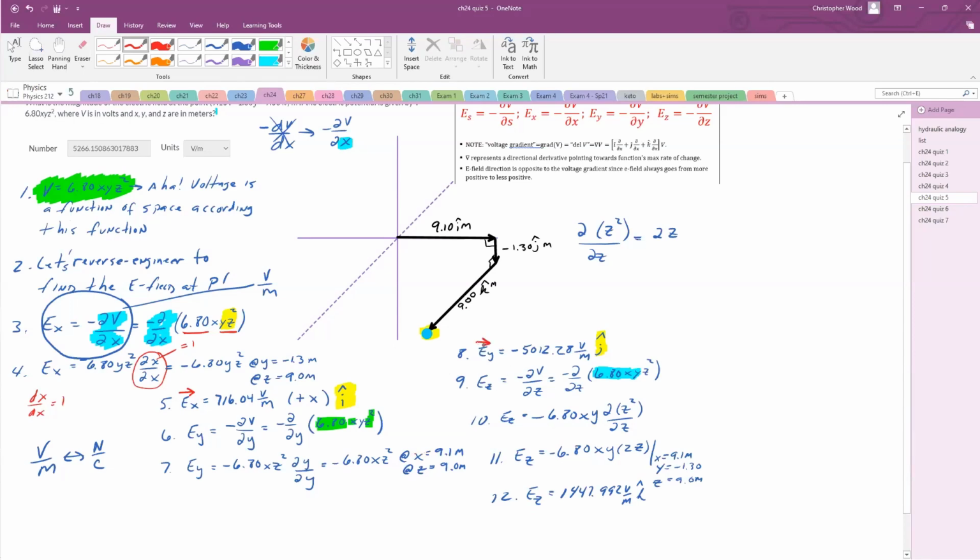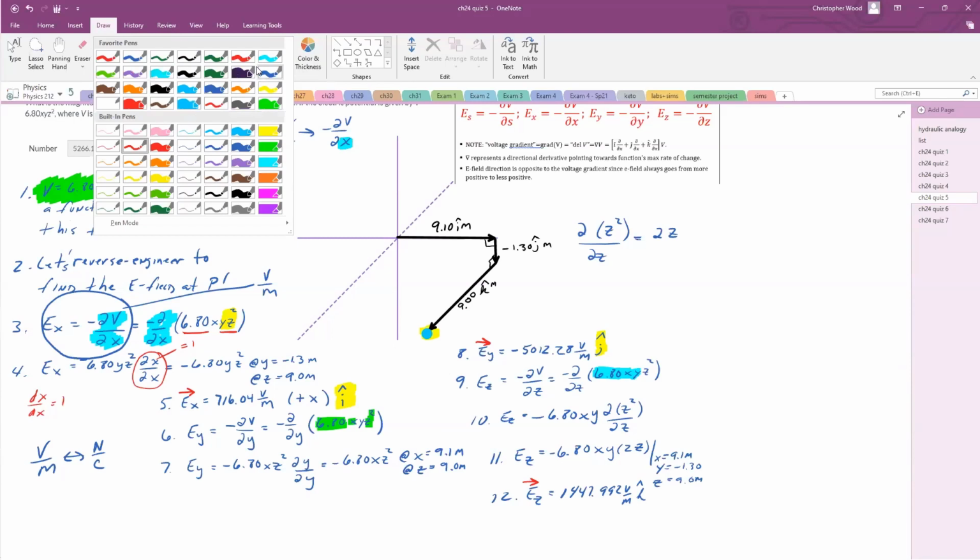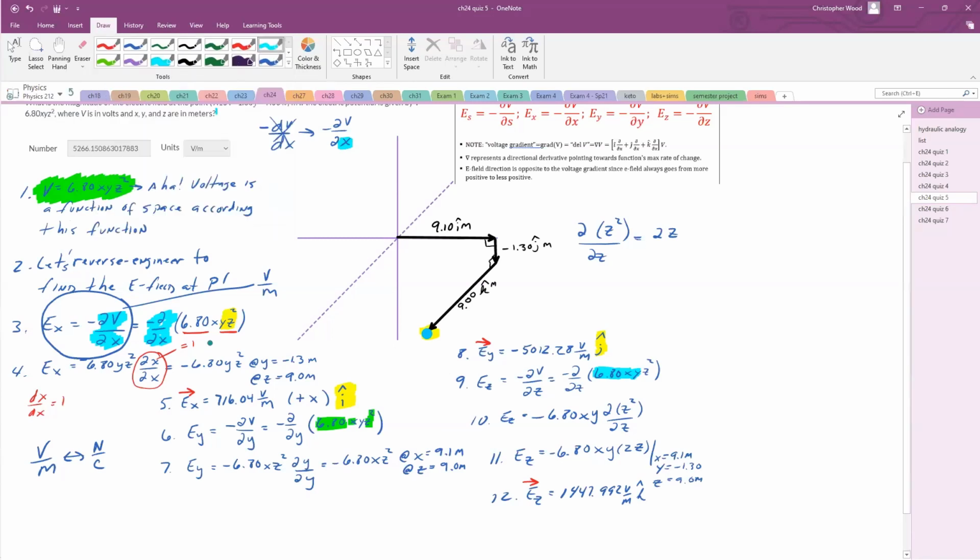Ey, that's also a vector. And Ez, that's also a vector. So I have my three components. This is my X component right here, going in the positive X direction. Here's my Y component of my electric field that's going in the negative Y direction. And here's my Z component of the electric field. It's going in the positive Z direction.